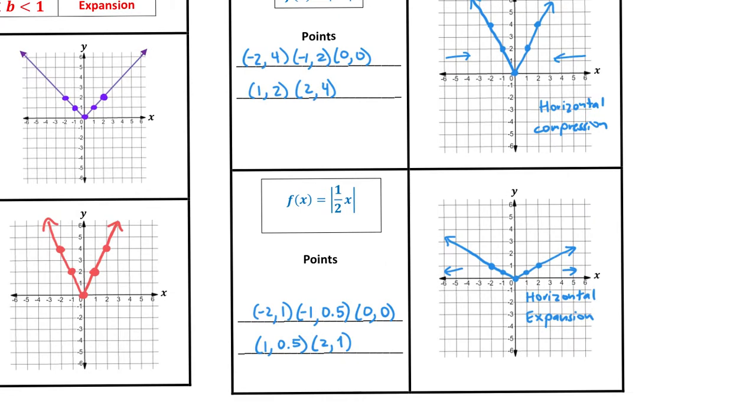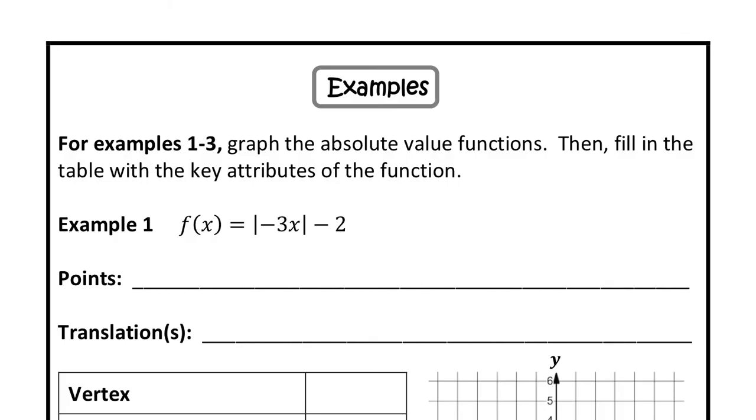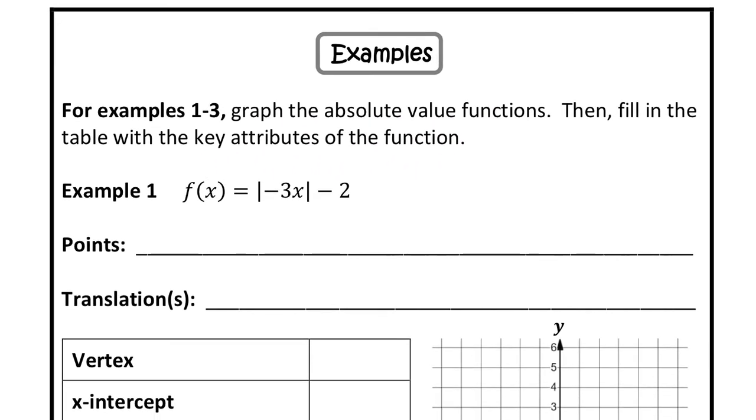Now we're going to jump to the next page and look at some graphical examples. So we're going to graph the absolute value functions, fill in the table with the attributes. So kind of like what we did last class with translations. And so there's a combination here.